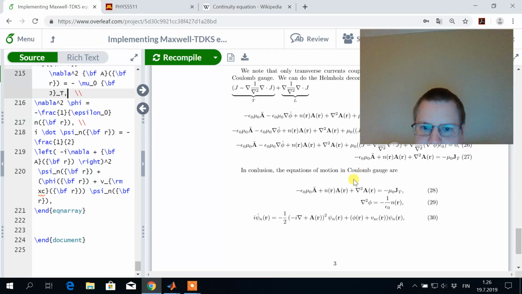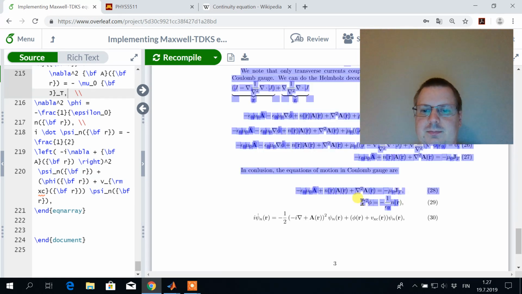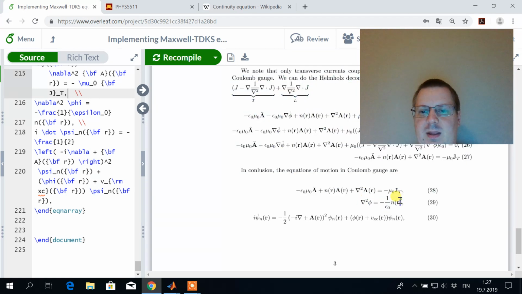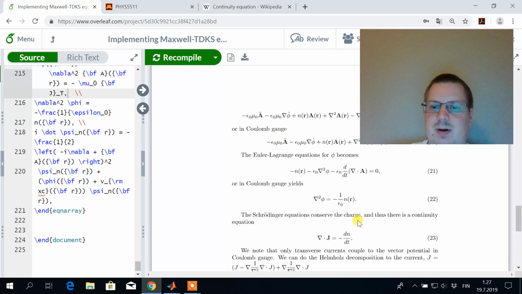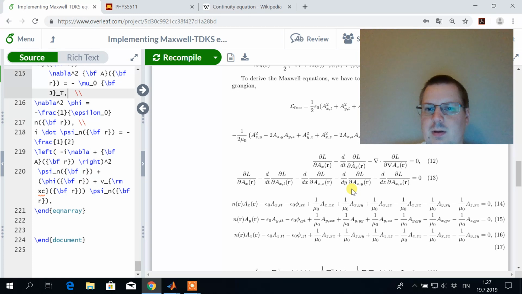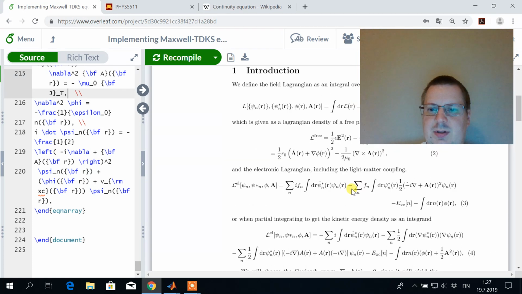So sure. I think it's correct. So this one surely is the Coulomb potential, is the Hartree potential, and this is where it's applied. I was worried about the sign.